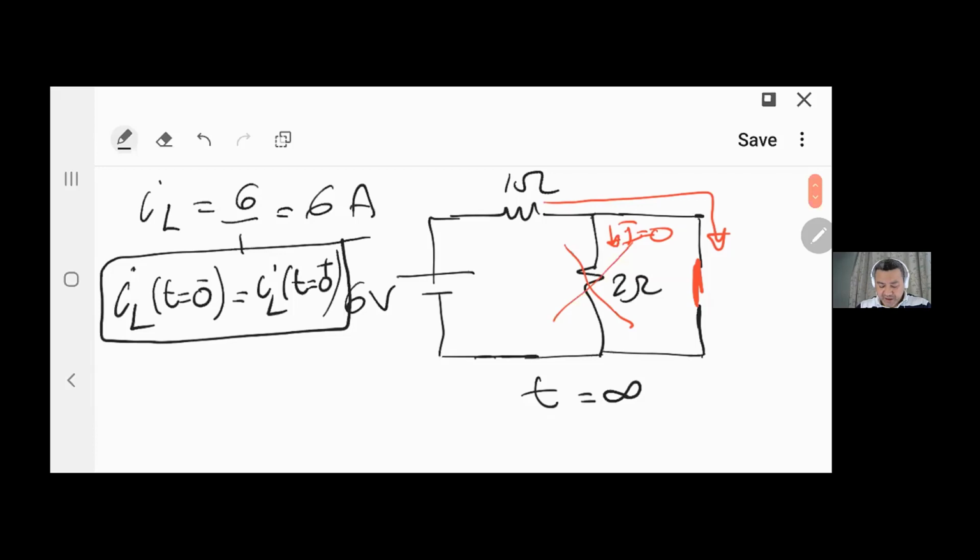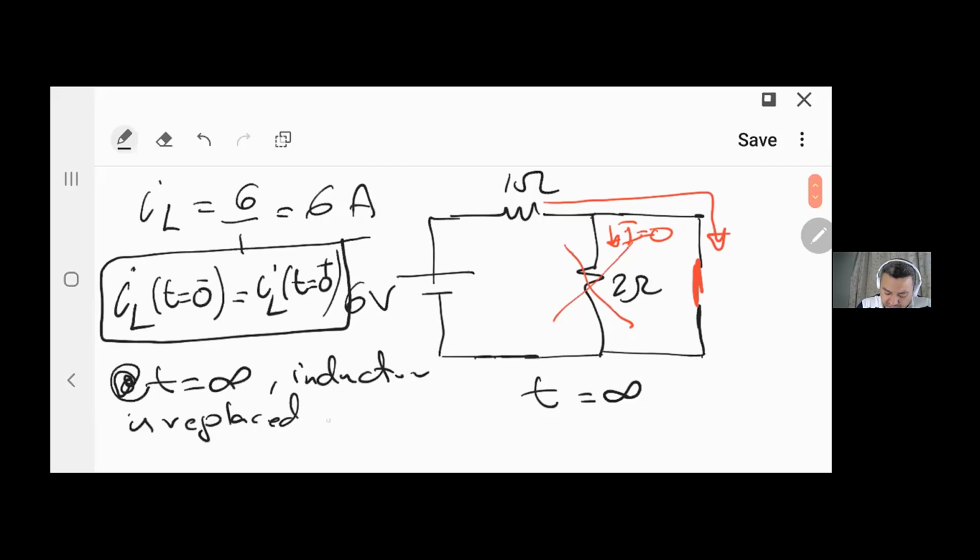Okay? So always remember that at t equals infinity, the inductor is replaced with a wire in DC circuits.